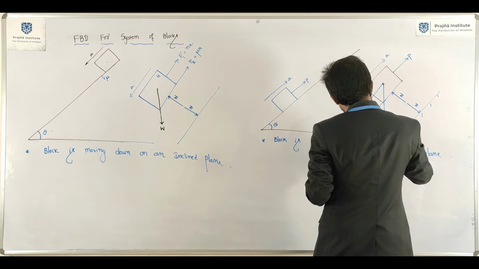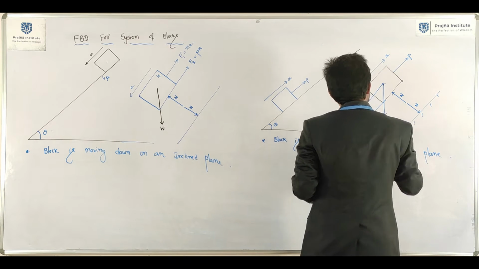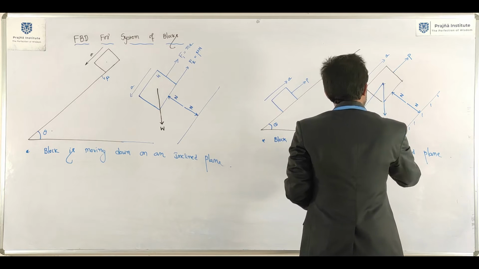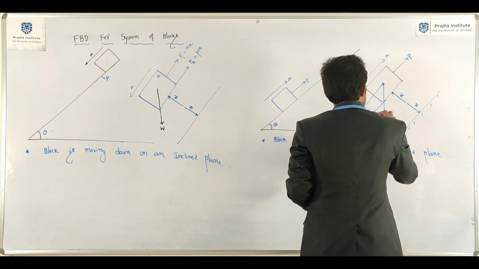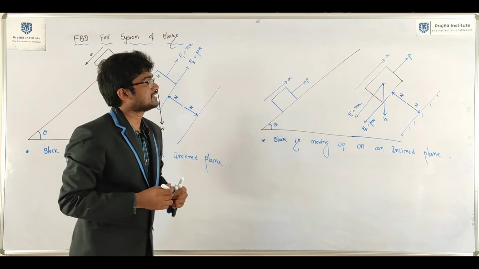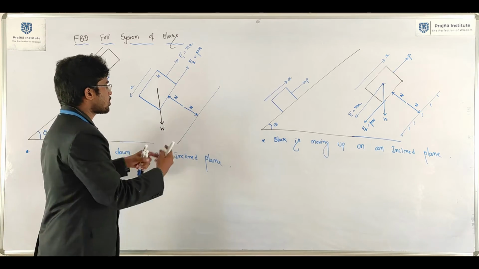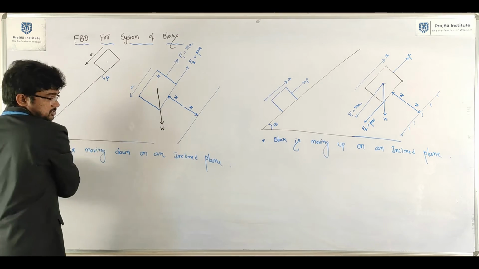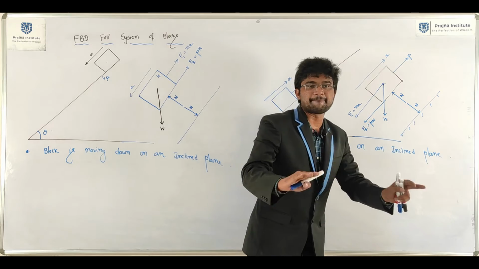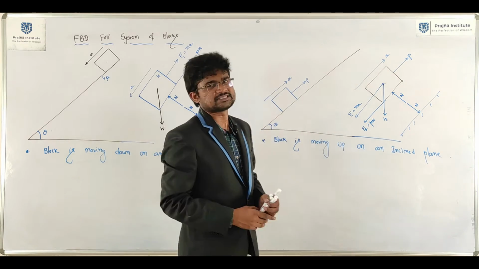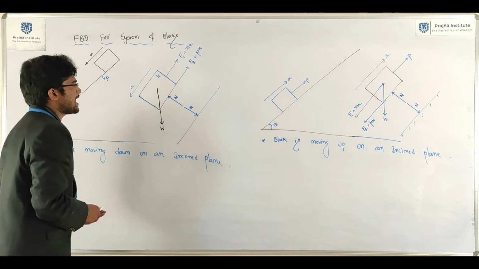Here also the same thing, F equals mu into N. That's it. This is the way to draw the free body diagram for the block when it is moving up, and here when it is moving down. Use our 5 statements, more than enough to draw a free body diagram.